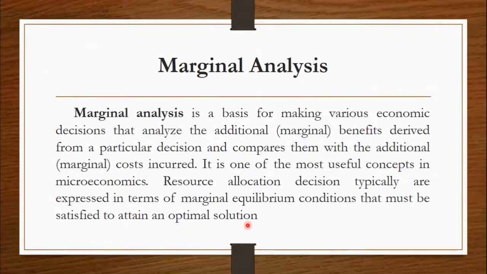So ilang kanon nga if kani siya nga resource is atong ibutang sa product A, pila ang ihang increase nga mahatag sa product A. If kani siya is atong ibutang sa product B, pila yang increase nga mabuhat sa product B. And then they make comparisons, diba, sa katong benefits nga makuha sa A, B, C, and D sa katong ilahang mga alternatives, diba? So mao na imong marginal analysis.